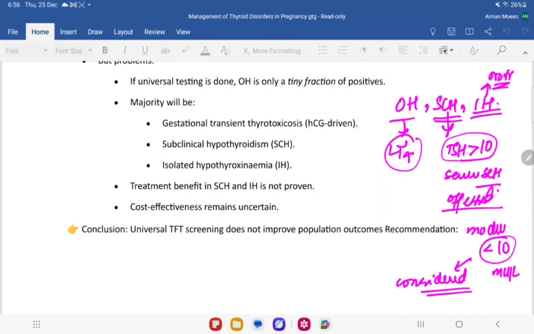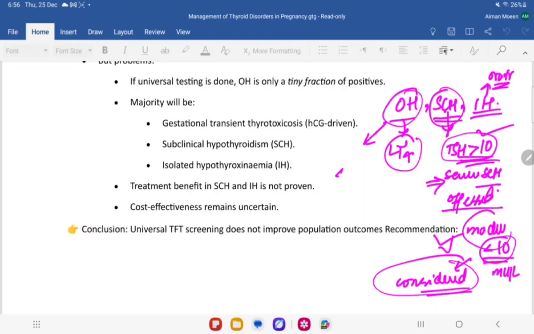That's why they say that here we consider the treatment, because not all would be severe subclinical hypothyroidism. So there, no treatment is required. In subclinical hypothyroidism, offer the treatment if it is the severe form. Consider the treatment if it is the moderate form, that is, the TSH is less than 10. So for this reason, they said that overt hypothyroidism is only a small proportion of the women.